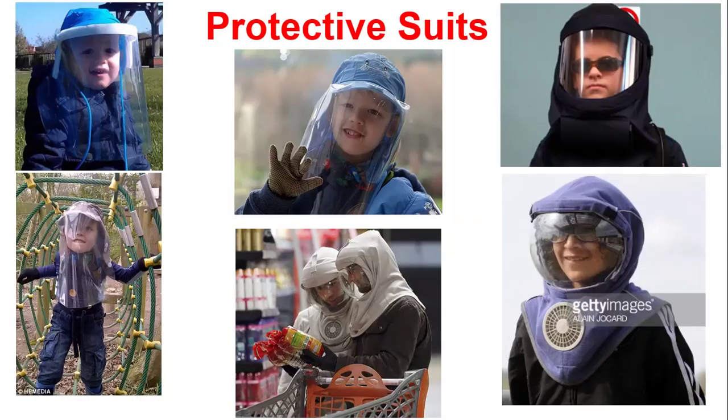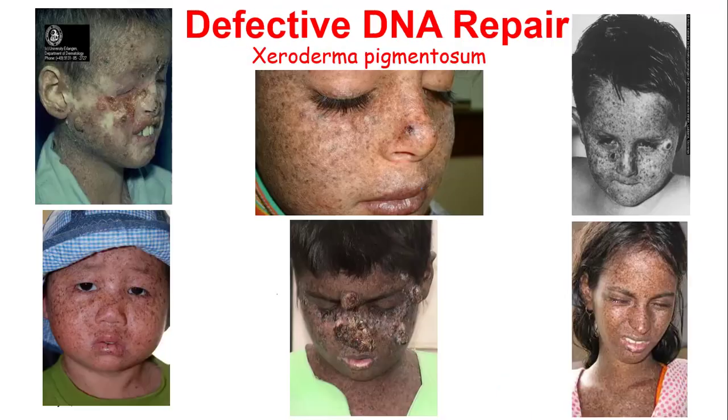Now, in the advanced world where they have understood the scenario and they have developed what to do, children and people who are suffering from this particular scenario will usually be given a protective suit, because the simple science is understood that ultraviolet radiation reaching the skin is what actually causes this problem.